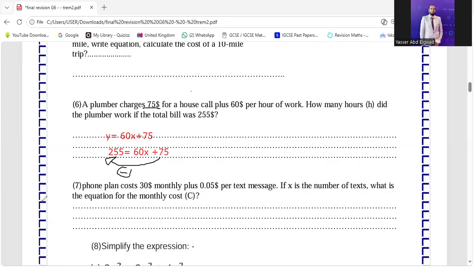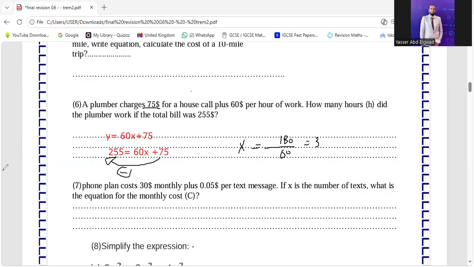And 180 divided by 60. Here x equals 180 divided by 60. You get the final answer, x equals 3 hours.